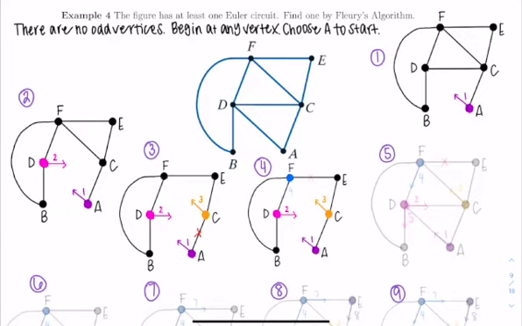So that means I can't move to E because this would then strand me on the other side with no way to get back. So that leaves me two choices. I can move to D or I can move to B. Let's go ahead and move to D.